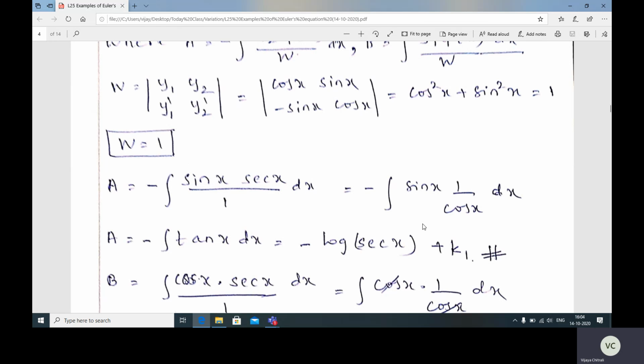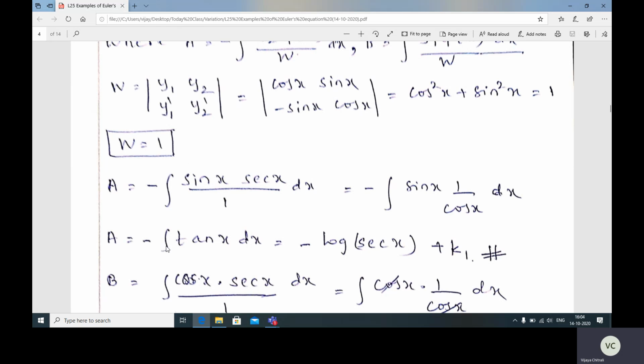So A is equal to sin by cos, which is tan. This negative sign is as it is, minus the integration of tan x dx. So the integration of tan x will be log sec x, and this negative sign will be as it is, plus add a constant K. So I'll take this constant as K1.